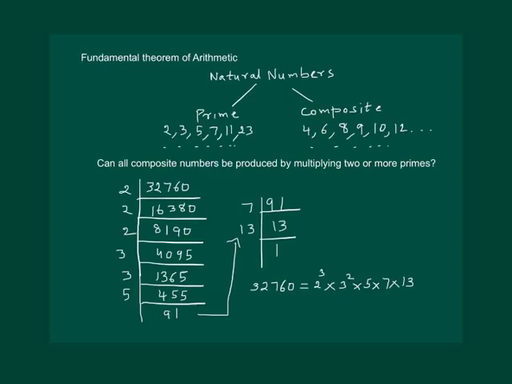So we can see that we had taken a composite number at random and we could write it as the product of prime numbers. We can repeat this with several other composite numbers and see that they can be written as the product of prime numbers. Hence we reach a conclusion that every composite number can be written as the product of power of primes.